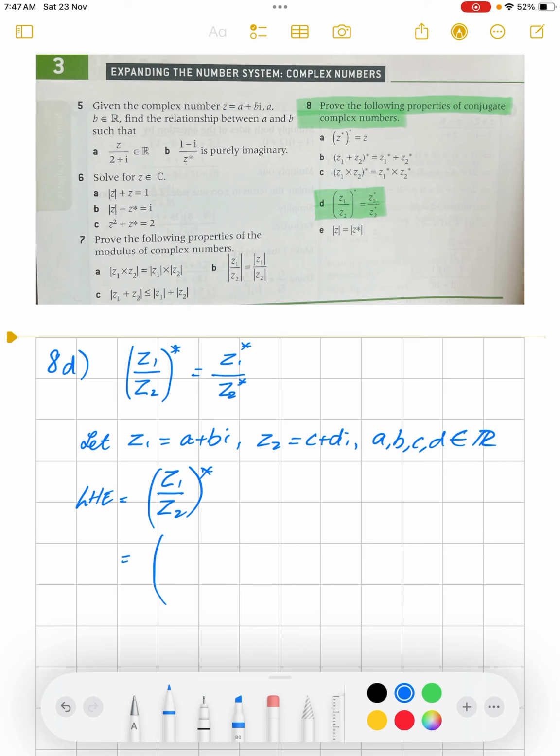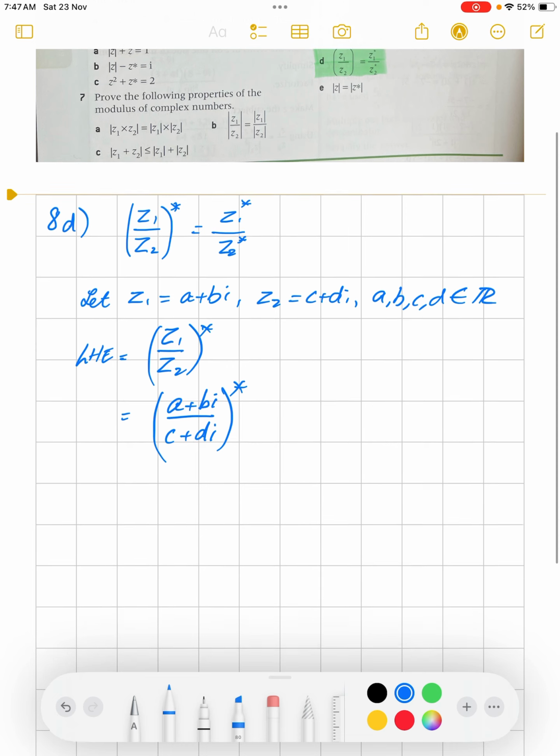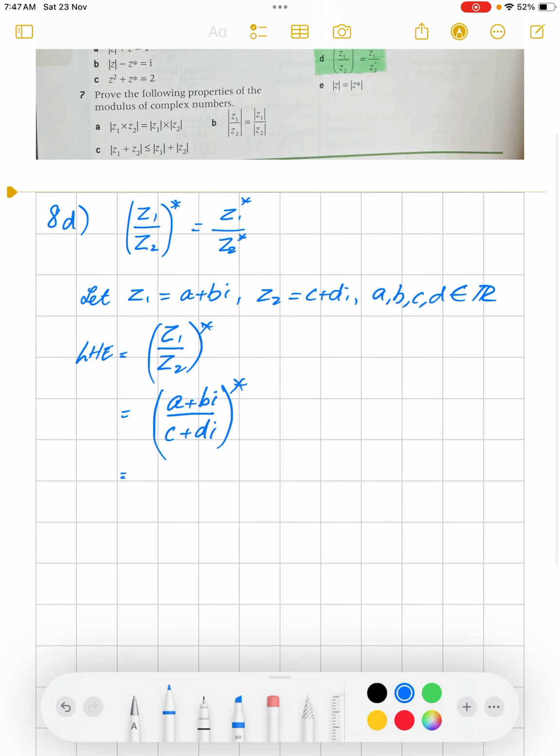So substituting, we've got A plus BI over C plus DI, conjugate. So let's take C plus DI and put the conjugate of C plus DI on the numerator and the denominator so that we can rationalize our denominator, get rid of the imaginary component.